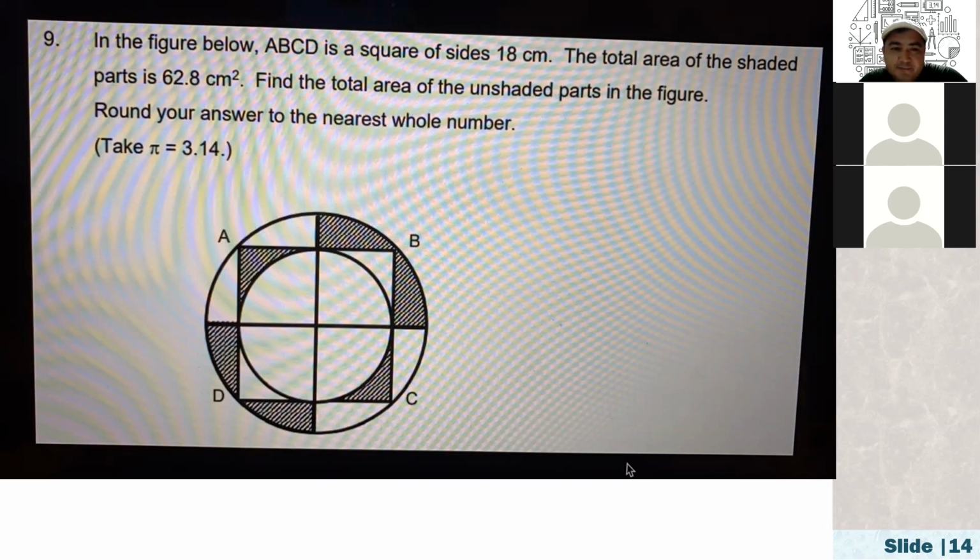Javid, did you get anything? I only found that the radius is 10. Radius is 10? Yes. No, it should be 11. Narmin, how are you solving it?